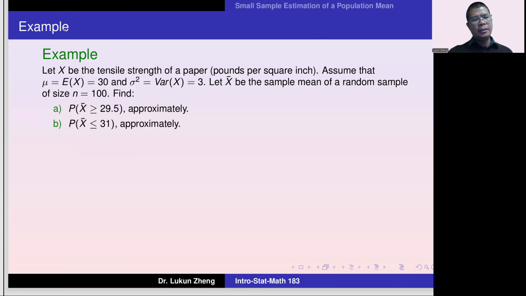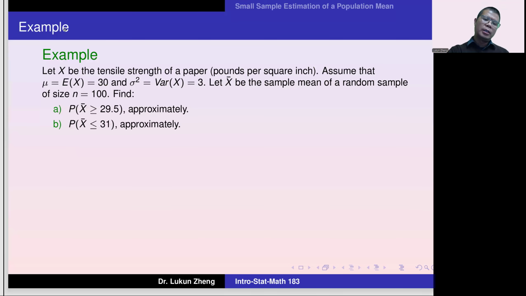And this example, all right, solution as well. See, this is a random sample with a size n equals 100.